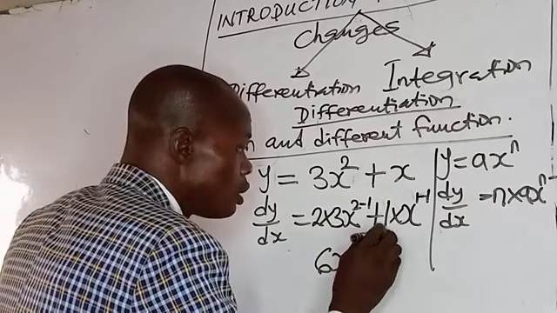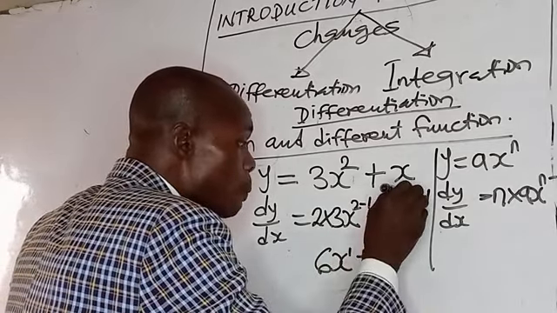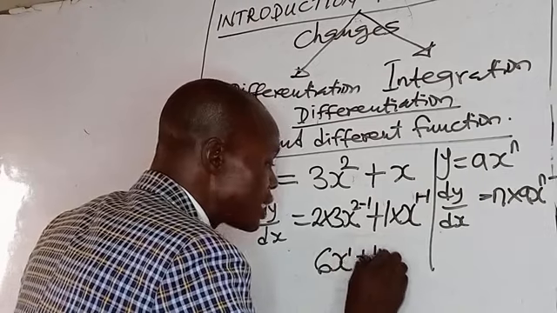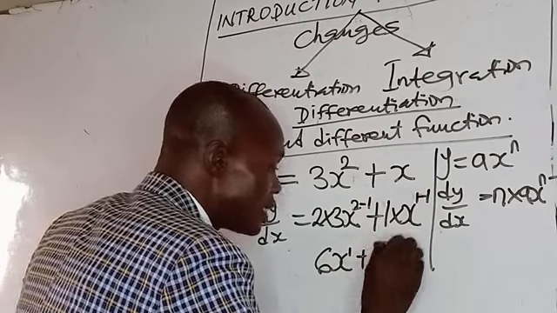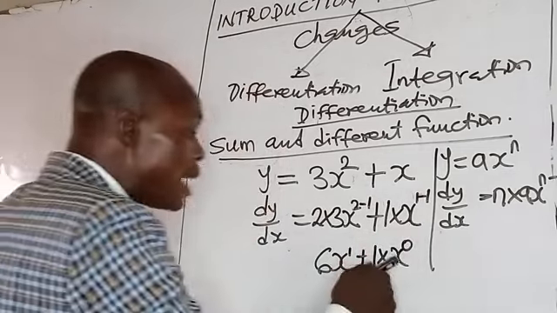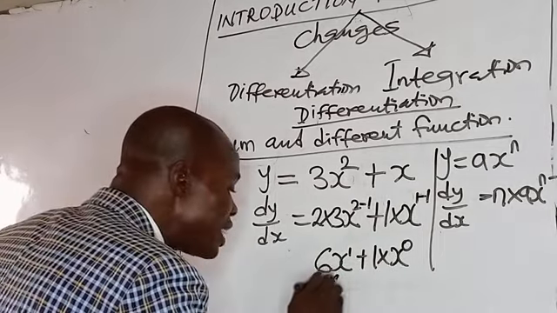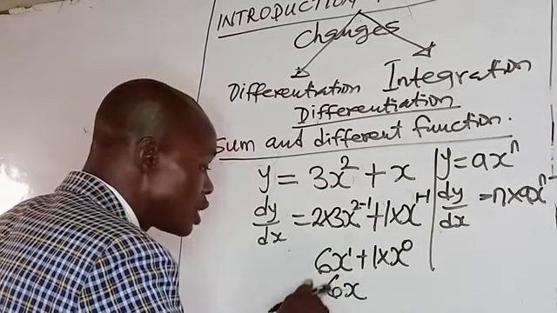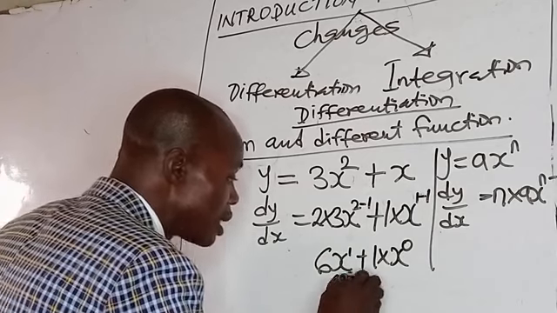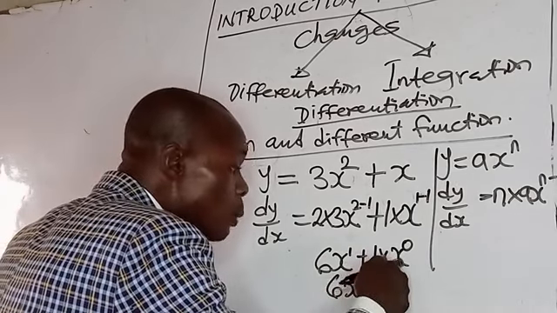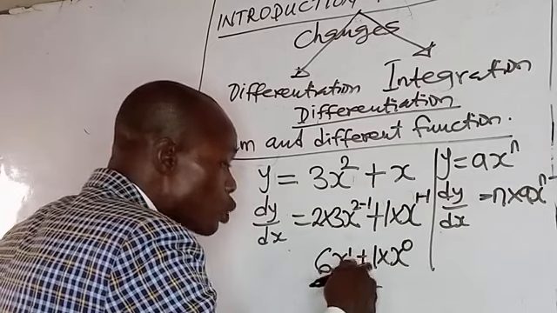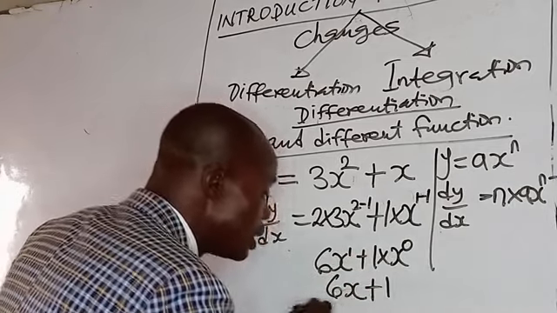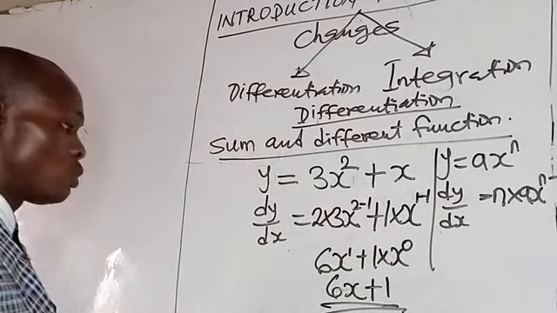Plus 1 times x raised to power 1 minus 1 is 0, and anything raised to power 0 is 1. So this will be 6x plus 1 times 1, that is 1. This is the answer.